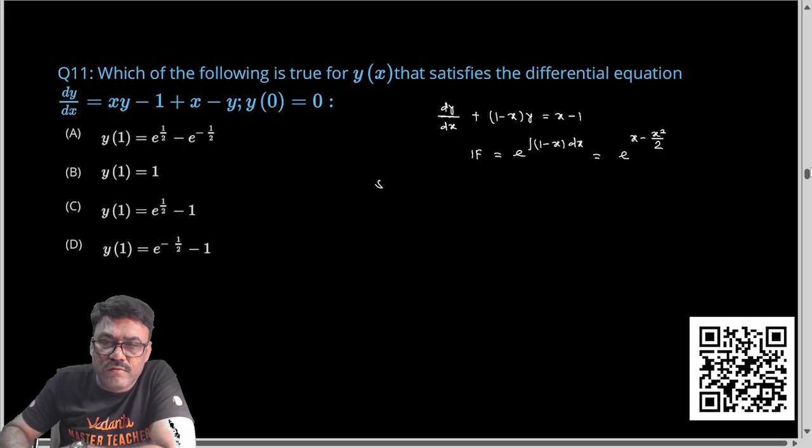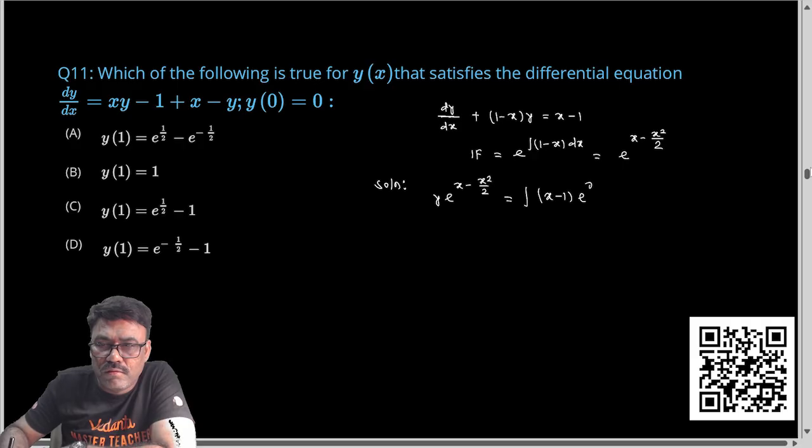Now let's write the solution. The solution: on the left side y into integrating factor, and on the right side Q into integrating factor. So it is y into e raised to x minus x square by 2.